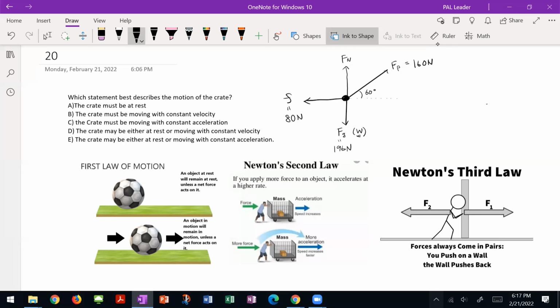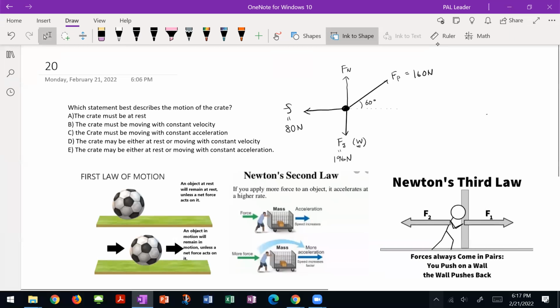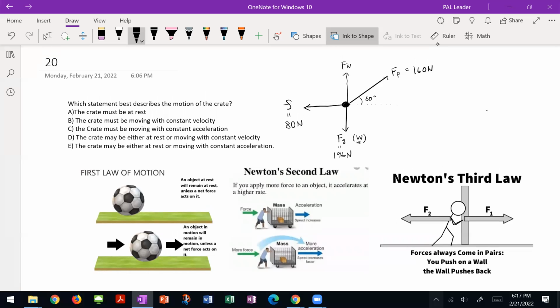So one thing that I do want to point out already here, it's not really important, is that these values, this friction is 80, right? That's positive 80. The pulling force, that's 160. So it's kind of confusing because usually in our problems, we set one direction as the positive, usually right being positive and up being positive. So you think, wait, shouldn't this be negative 80?